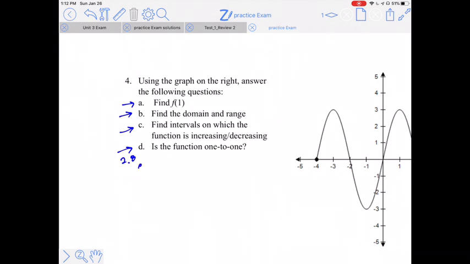There should be a part E on here, which is find all local extrema. That was meant to be included on this problem.